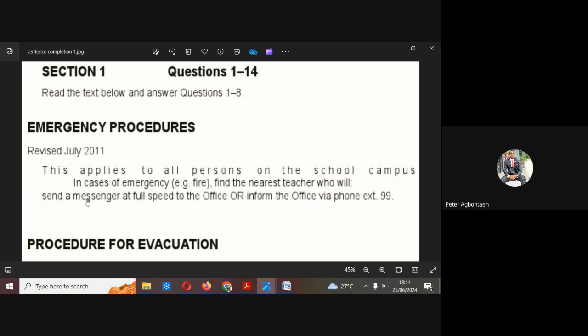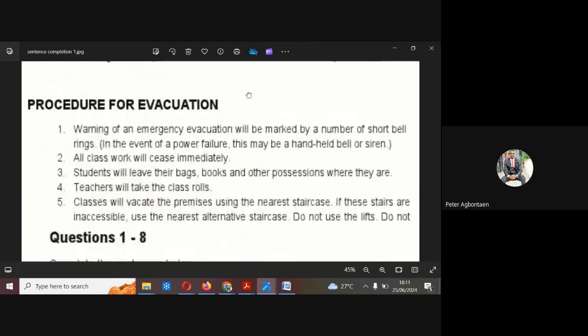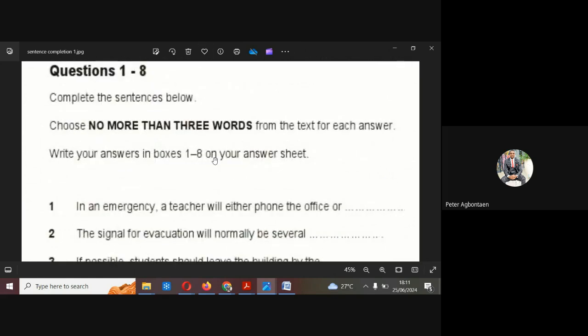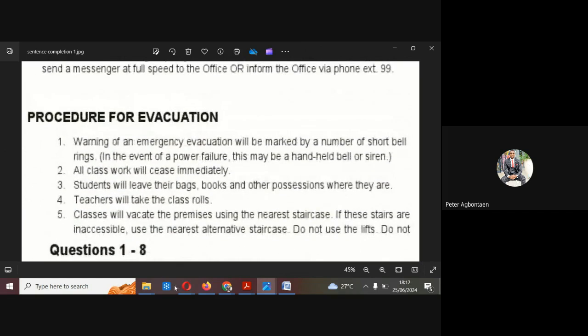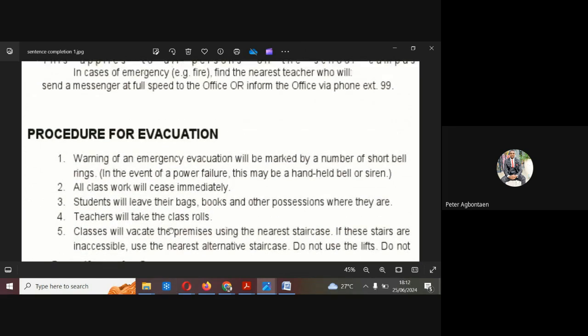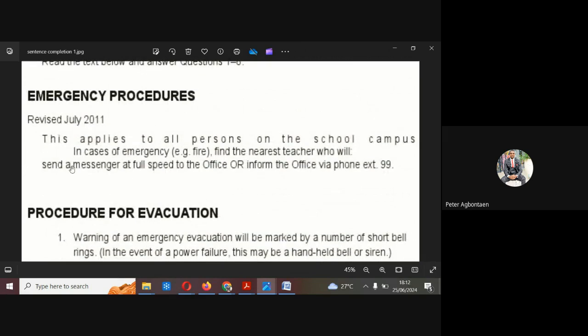Number one, send a messenger at full speed to the office. Number two, inform the office via phone. But this inform the office via phone has been paraphrased in the question as phone the office. So what's missing here is the second thing a teacher will do in times of emergency, which is: send a messenger at full speed to the office.